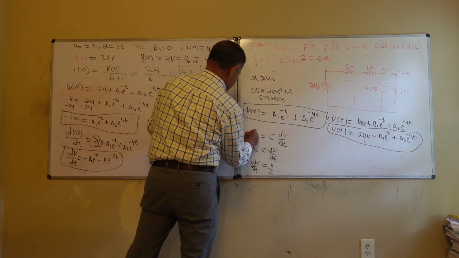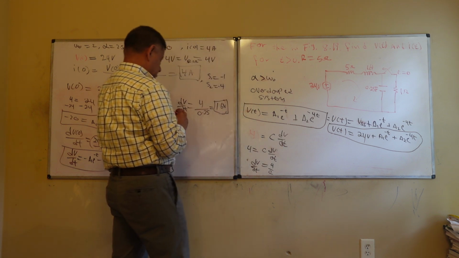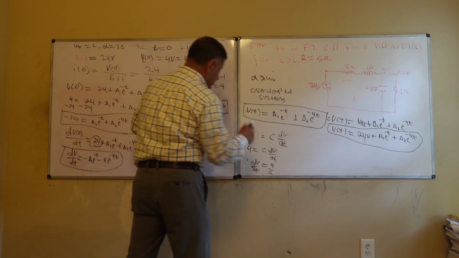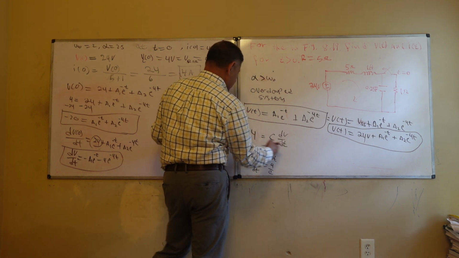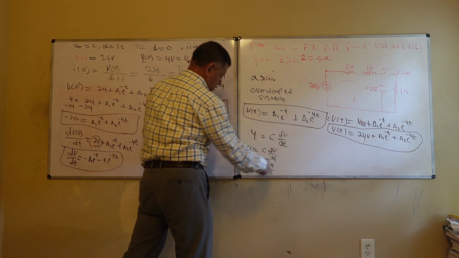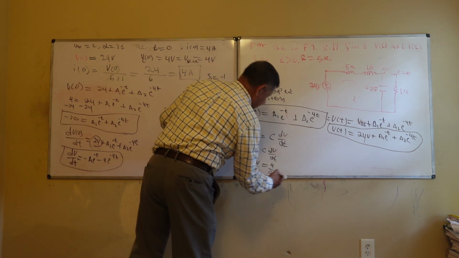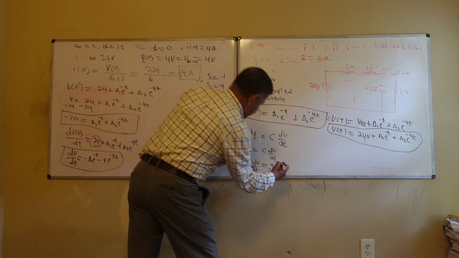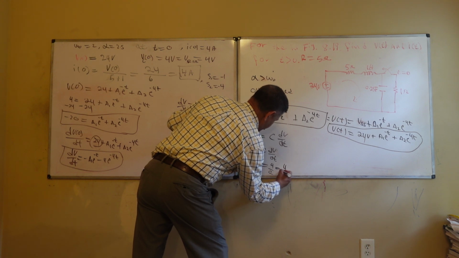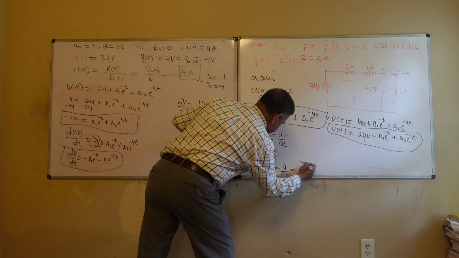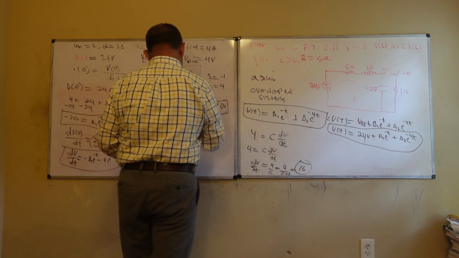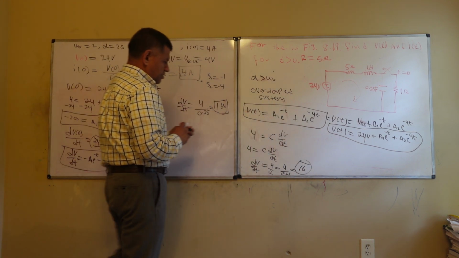It happens to be the same, right? So 4 volts divided by that is technically equal to 4 over 0.25, which is 16, right? So we did this right here.